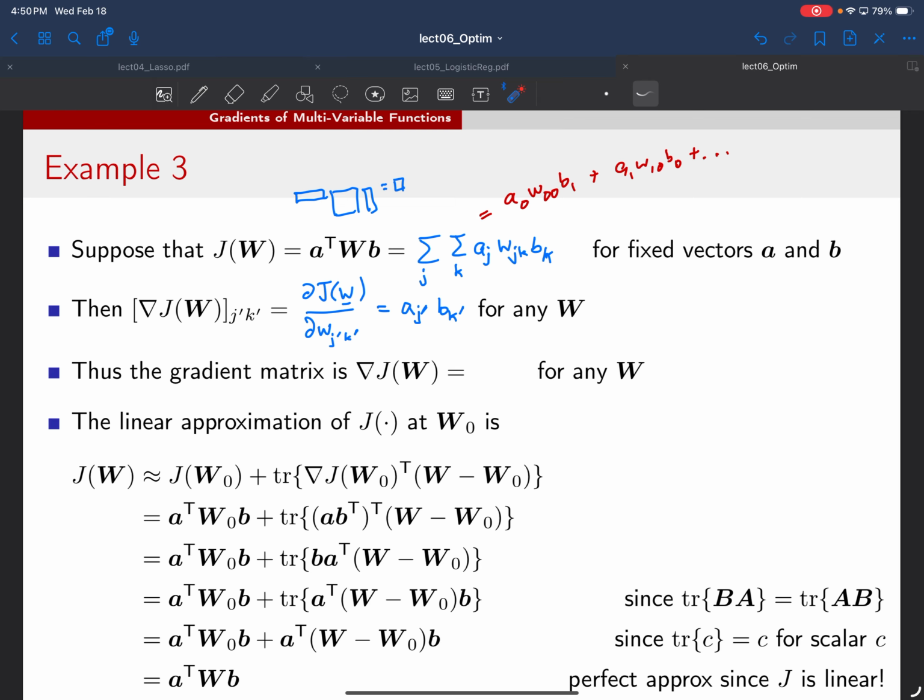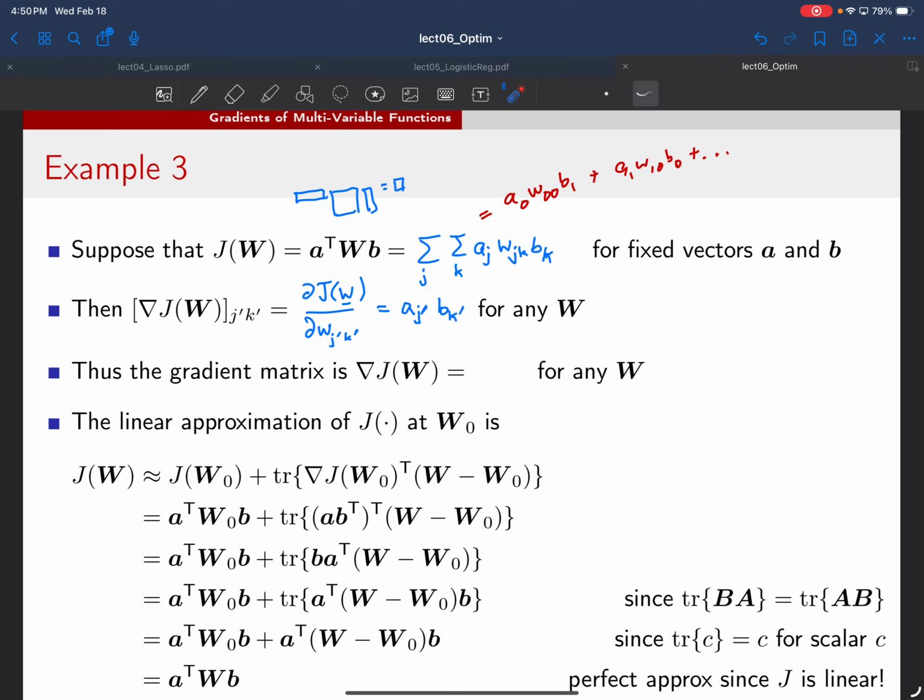Okay, so that's what the J'th row and K'th column of the gradient is. So if I want to write the entire matrix compactly, let's see, is Alex Poteric here? Yeah. So how do I write that very compactly without any indices?